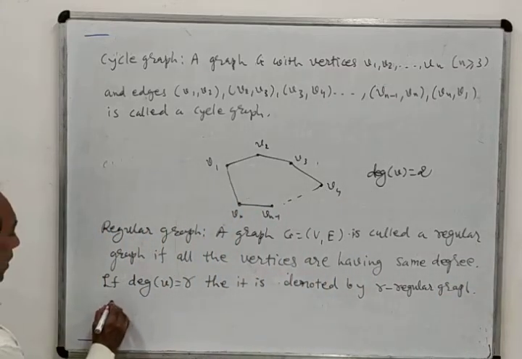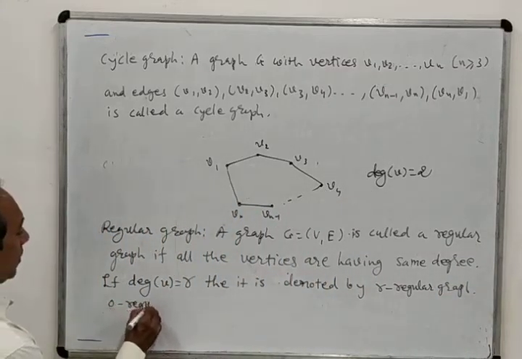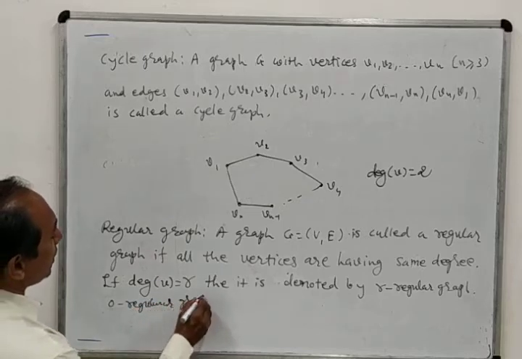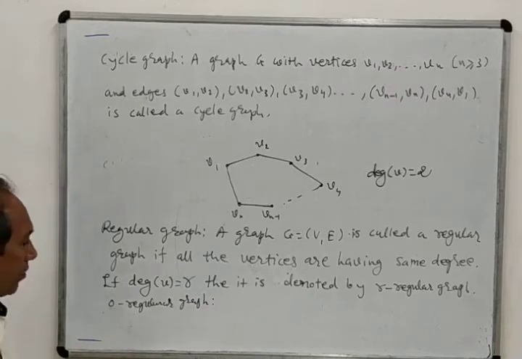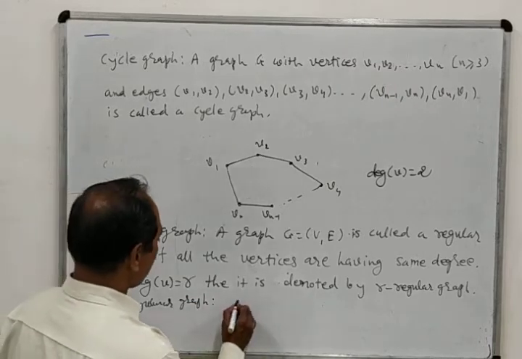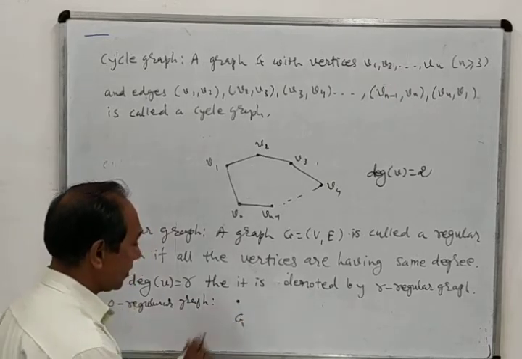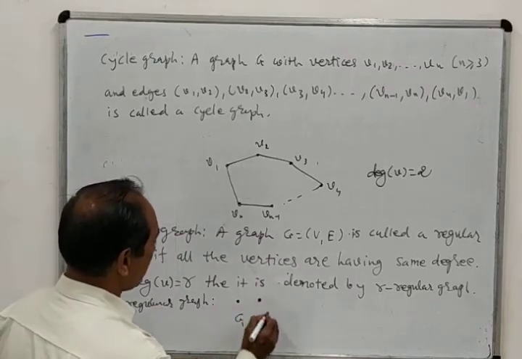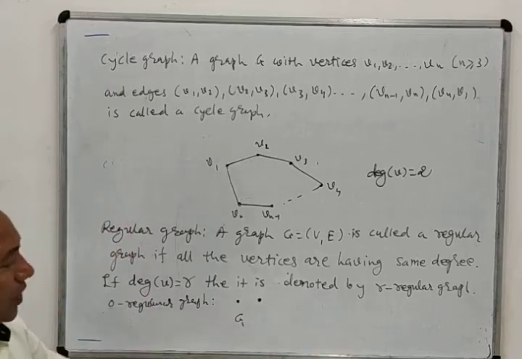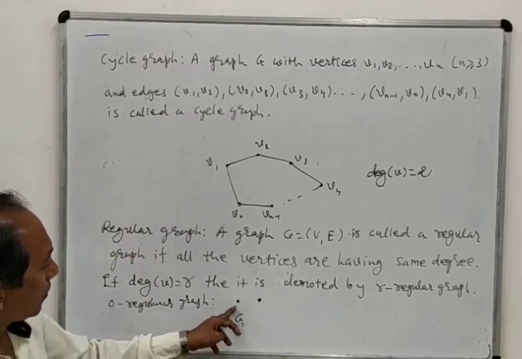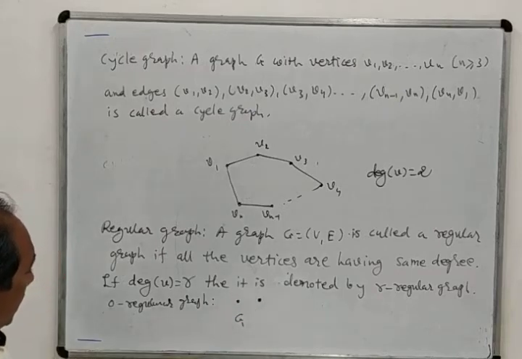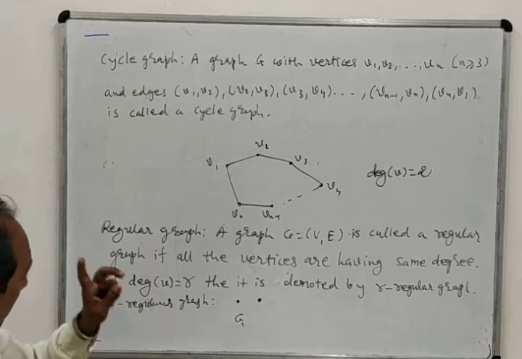Suppose we draw a zero regular graph. Zero regular graph means each vertex has degree 0. Suppose we consider a single vertex in a graph G. Here the degree of this one is 0. So this is an isolated graph. The degree of each of the vertices is 0, so it is the same degree, 0 degree but the same degree.